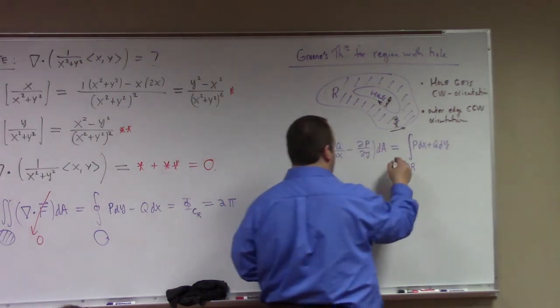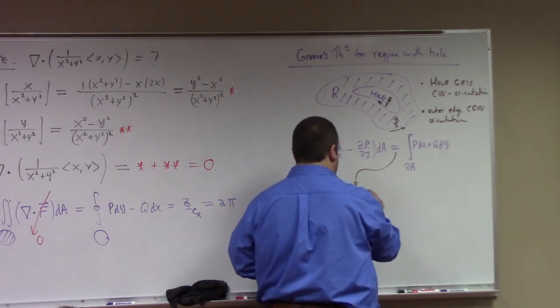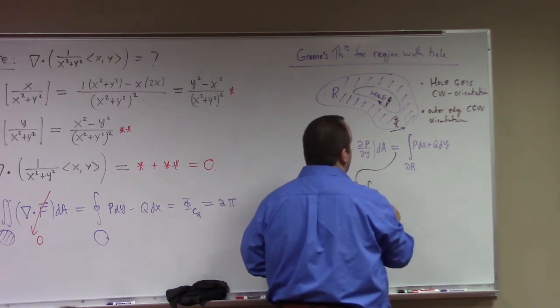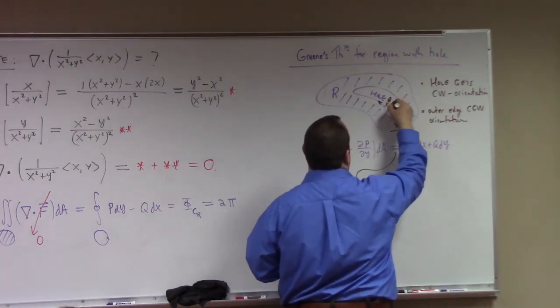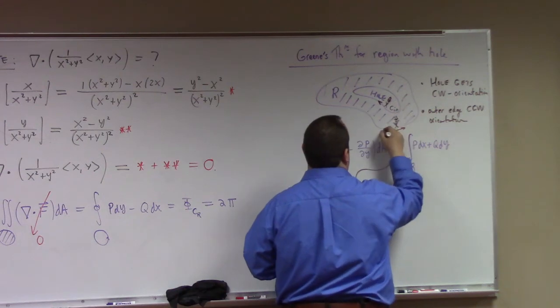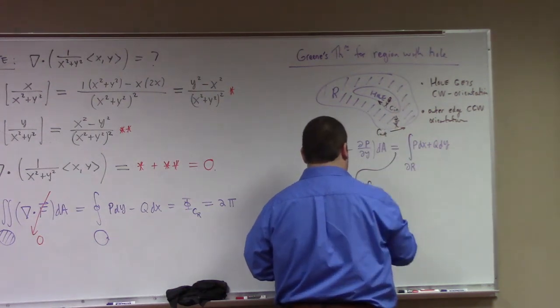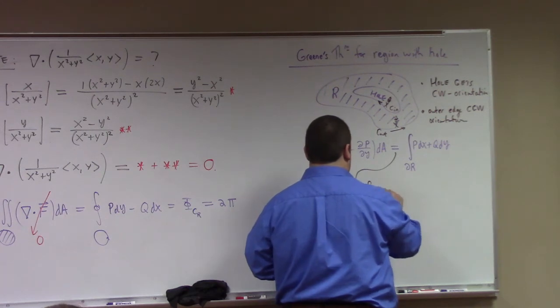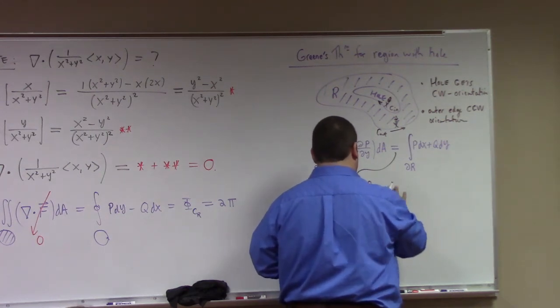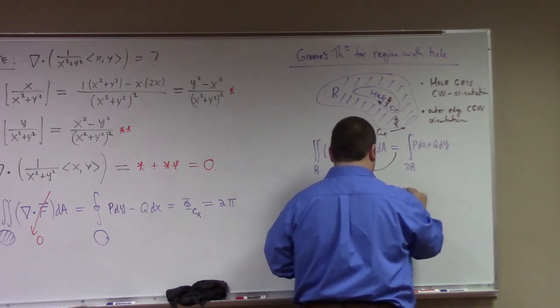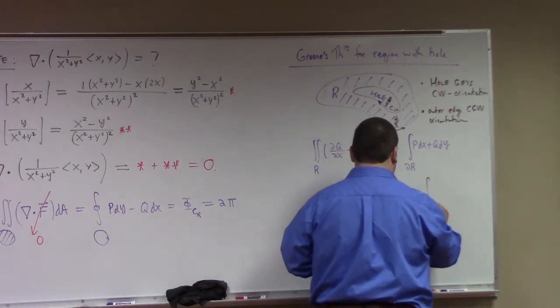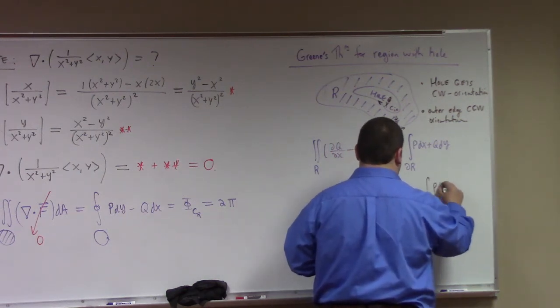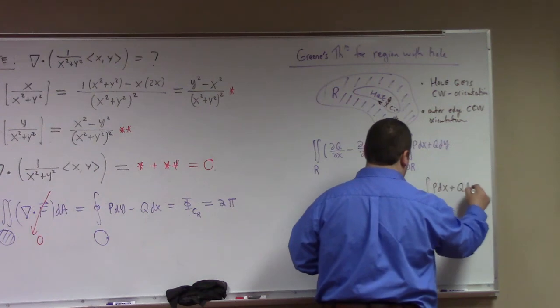And so this is actually equal to the integral over, let's say that this is C in and C out, the integral over C in of p dx plus q dy plus the integral over C out of p dx plus q dy.